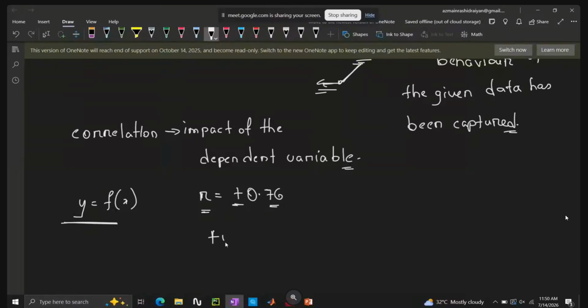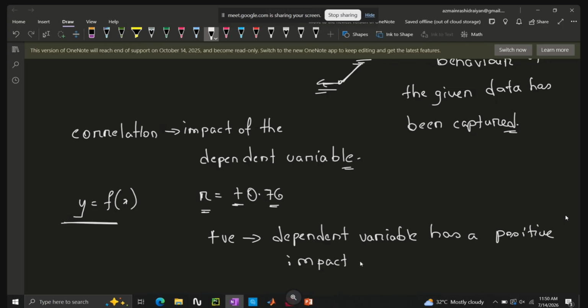So here positive means the independent variable has a positive impact on the dependent variable.